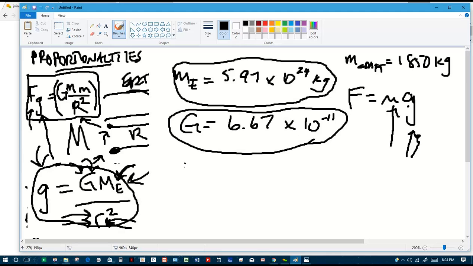And then I'll write the distance down, which is just the radius of the Earth. Is it 10 to the 29th? Yeah, I'm sorry, that's kind of messy. That's actually 10 to the 24th.